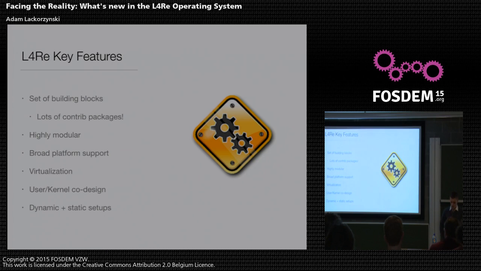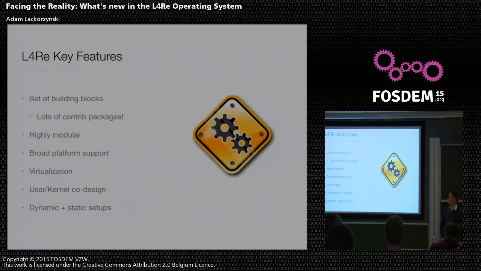Another key feature is our broad platform support. We support x86 in 32-bit and 64-bit mode. ARM is supported, and we have multi-core support, so SMP support, and as I already mentioned, we support hardware-assisted virtualization.